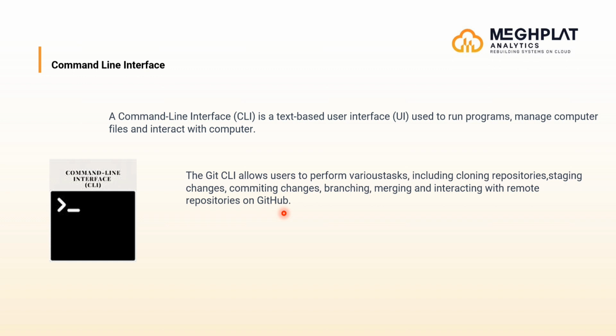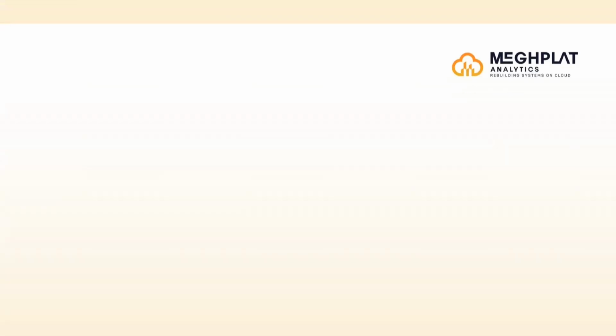The Git command line provides a powerful and flexible way to interact with Git repositories and is widely used by developers who prefer text based interfaces or need to script and automate Git related tasks.